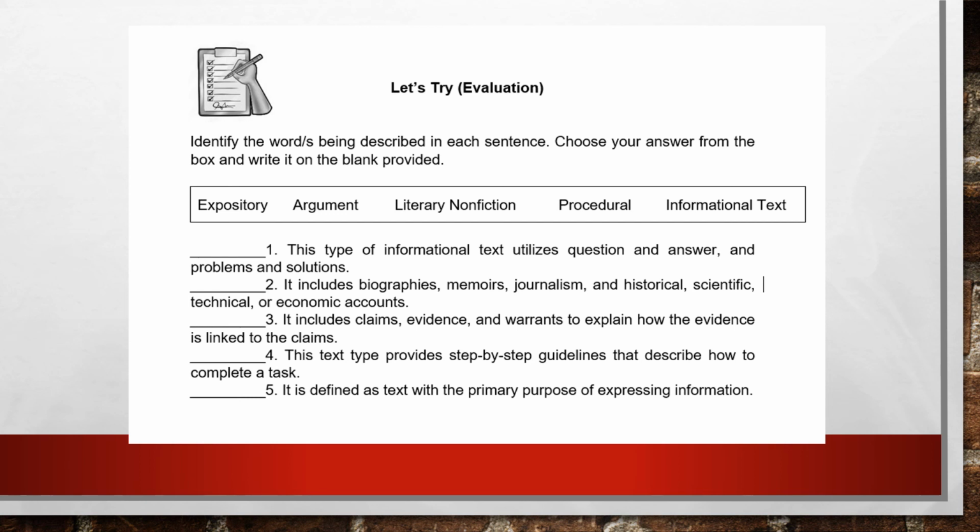Number 3. It includes claims, evidence, and warrants to explain how the evidence is linked to the claims. Number 4. This text type provides step-by-step guidelines that describe how to complete a task. Number 5. It is defined as text with the primary purpose of expressing information.